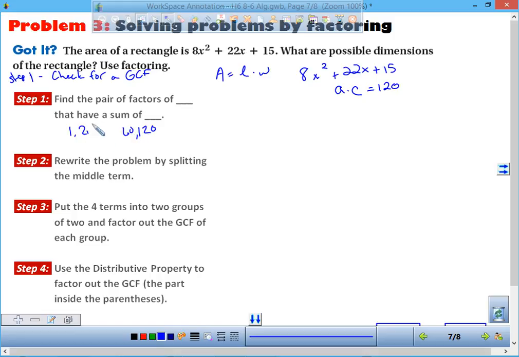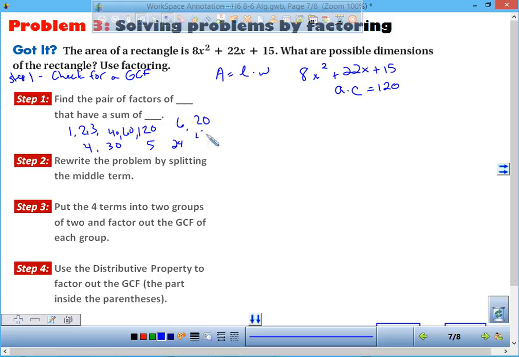That doesn't work. 3 and 40, that doesn't work. 4 and 30, that doesn't work. 5 and 24, that doesn't work. 6 and 20 doesn't add to what we want.